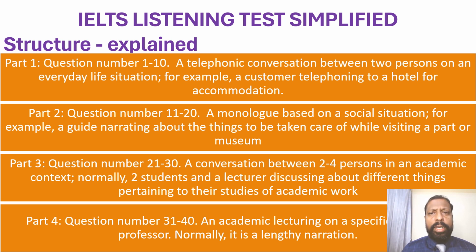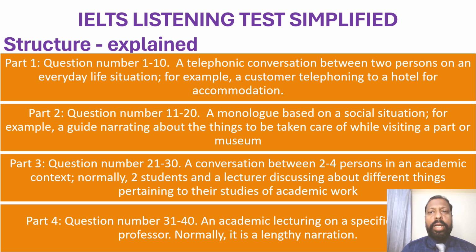Imagine if it is a face-to-face conversation, then a person directly visits the reception of a hotel and engages in a conversation regarding the accommodation possibilities, the fares, and so on. This is explained in part 1.